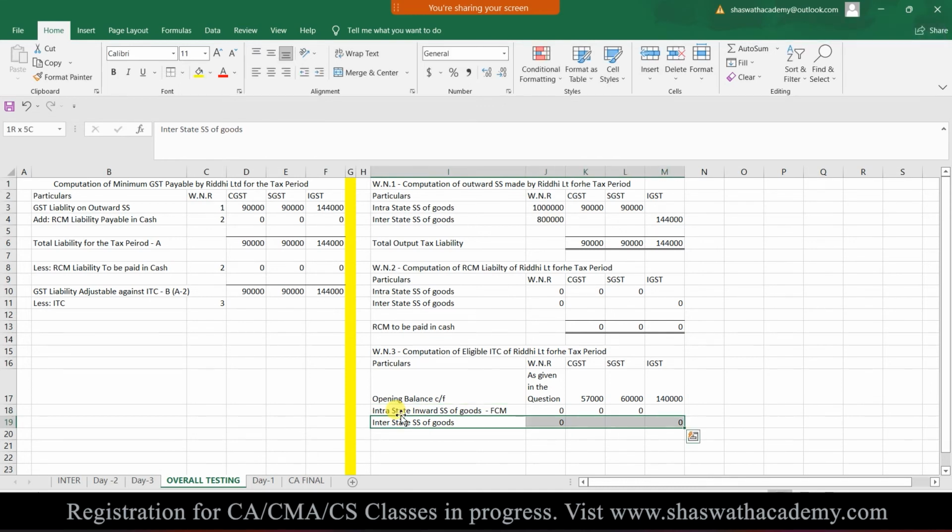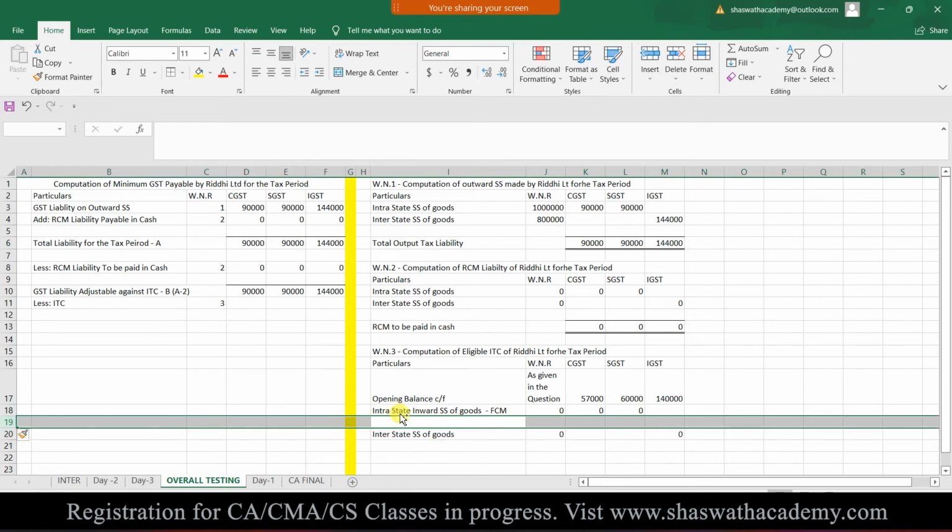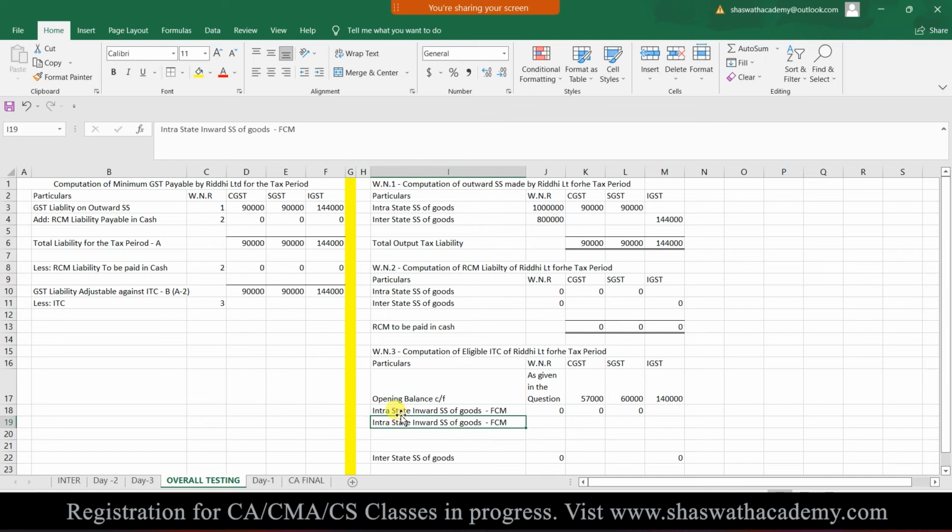And sometimes, to test your patience, they will give intrastate, but they will say from an unregistered supplier. From an unregistered person, tell me my dear, whether you will be eligible to take credit. No, sir. Therefore, you have to write 00 over here. No calculation, straight away. Purchase from an unregistered person is ineligible to take credit.